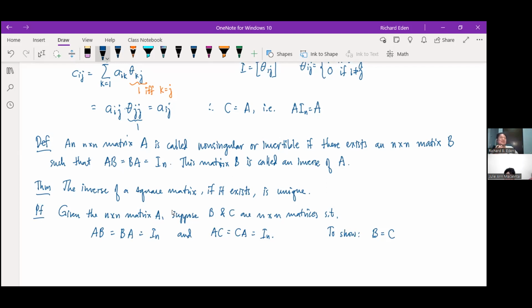As soon as you think you have a different candidate, boom, you show that, you know what? Ito din yun, pareho lang yun. Okay, so we're going to show that B must be equal to C.